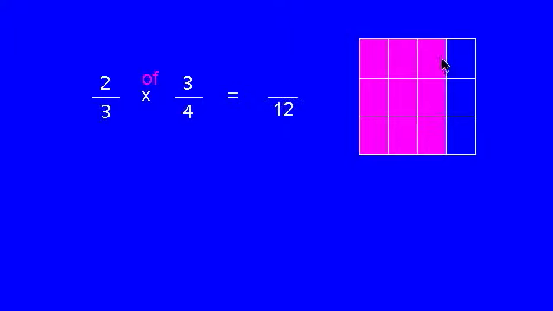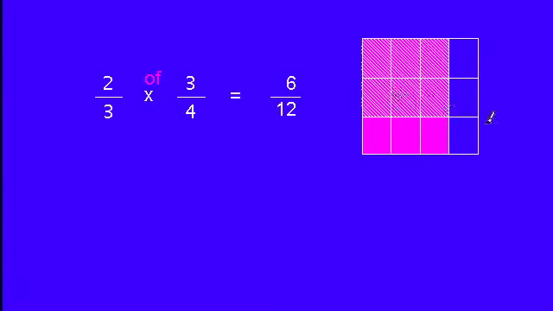Since it was originally divided into fourths, now we're dividing these into thirds. The whole is 12 pieces, and you get 2 rows of 3 each, which is 6. So the answer is 6/12, which, dividing top and bottom by 6, can be reduced to 1/2.